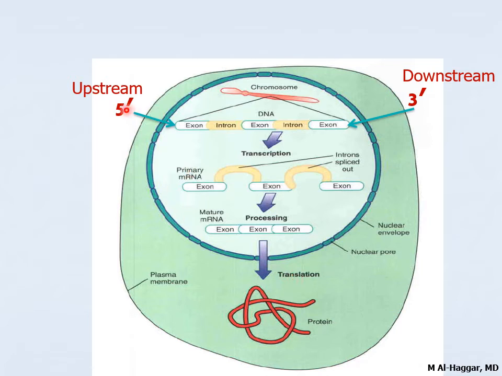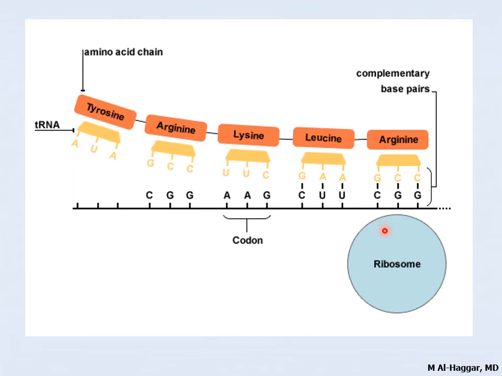We have the upstream end, or the 5' end of the gene, which is the starting point, and we have the downstream point of the gene, which is the end of the gene. Here at the cytoplasm, the ribosome starts to be fixed to the upstream of the gene and reads the first codon. It is GGC.